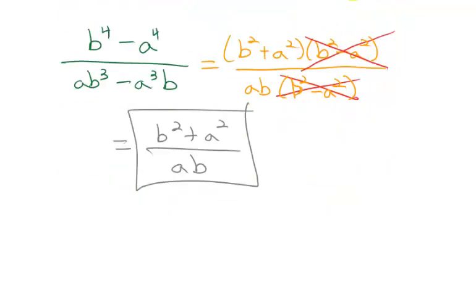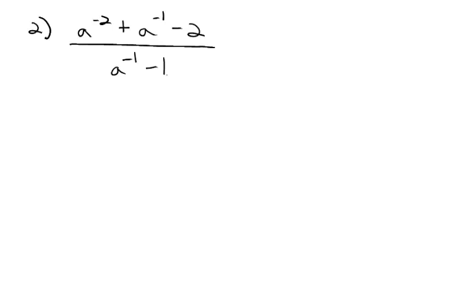Let's try another one that has negative exponents. Let's do a to the negative 2 plus a to the negative 1 minus 2, all over a to the negative 1 minus 1. Again, because of all that adding and subtracting, we can't just move the a's around.